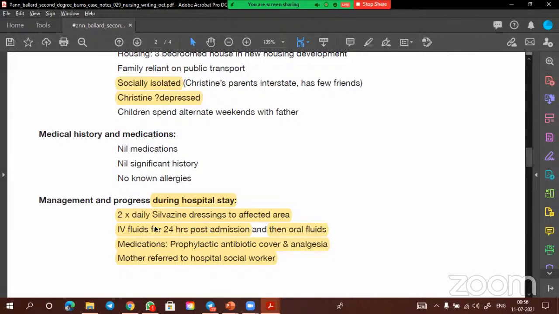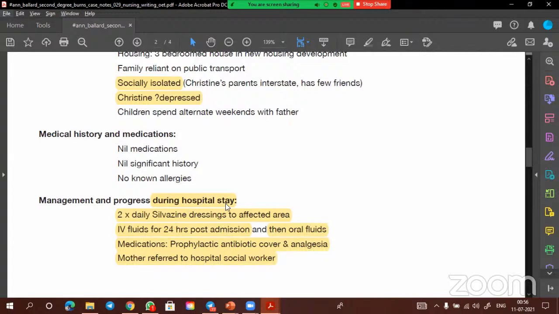Now let us see. Twice daily silver dressings. Next one, intravenous fluids. And then prophylactic antibiotic cover and analgesia. So these are the things which you have to write here.